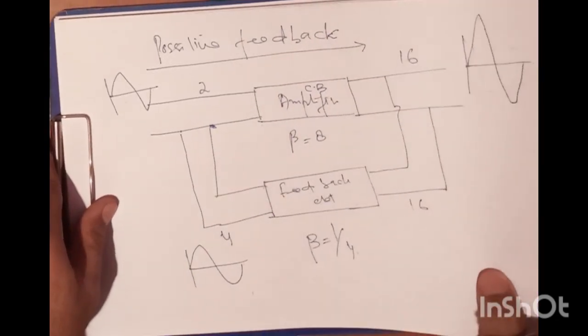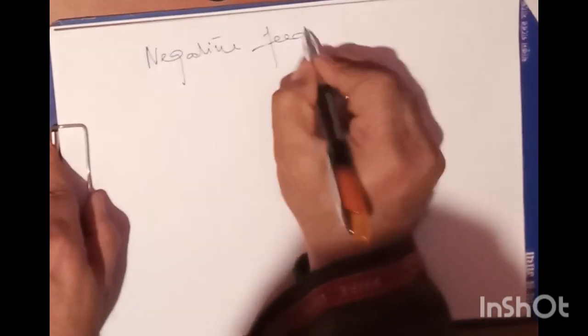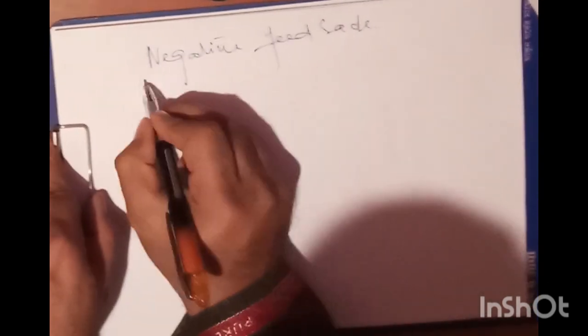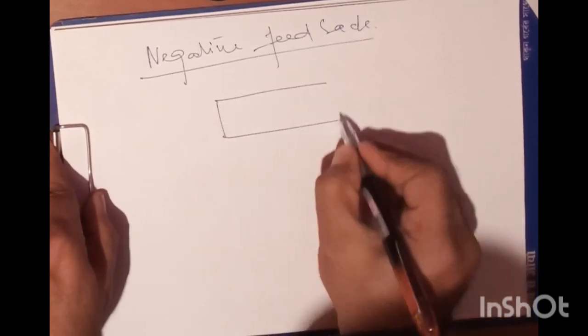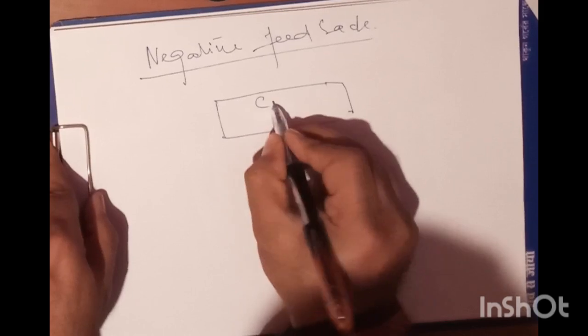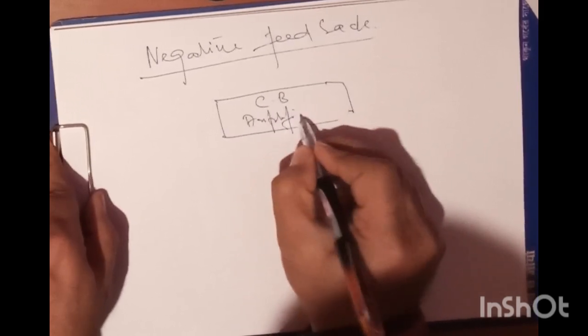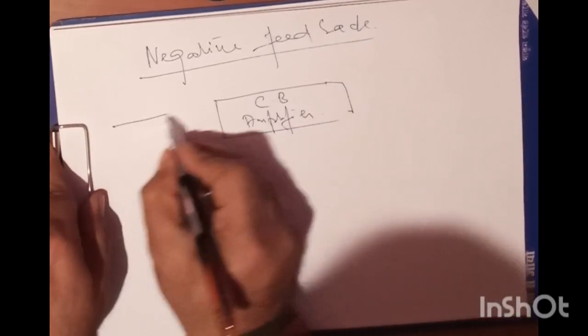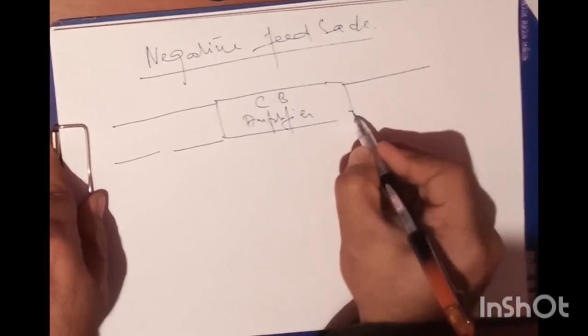Now, there's another kind of feedback that we can think about, and we call that negative feedback, and the concept is the same. In case of negative feedback, we make use of an amplifier, and this is a common base amplifier, and we have the input, and then we have the output.